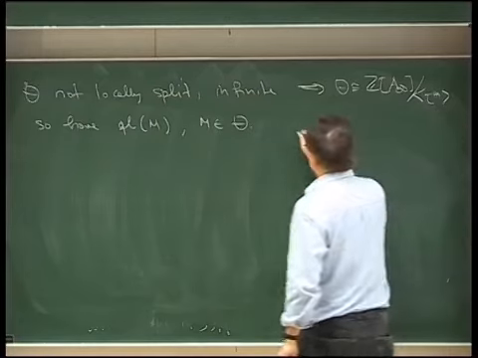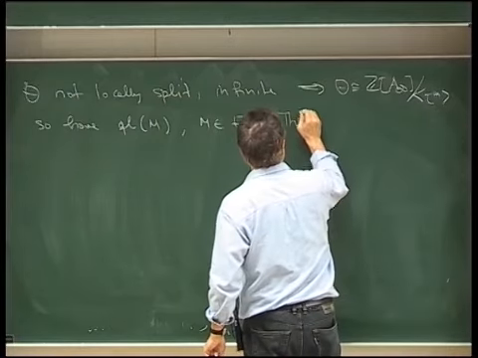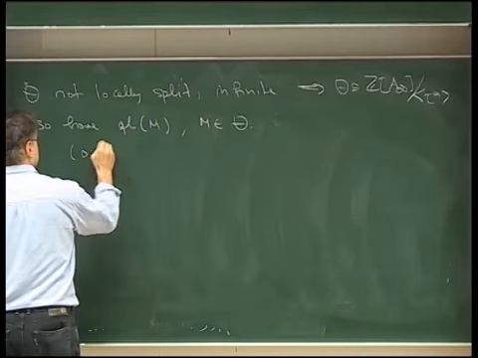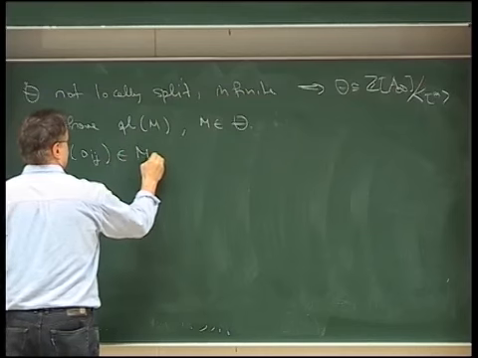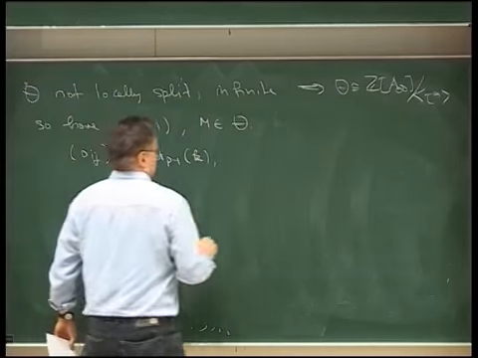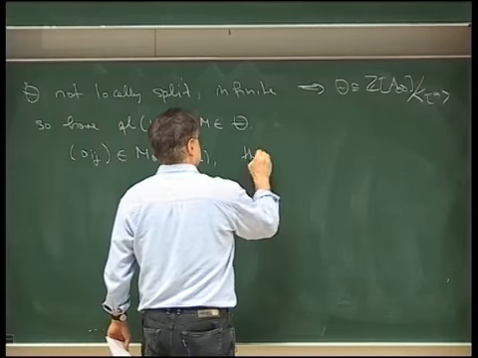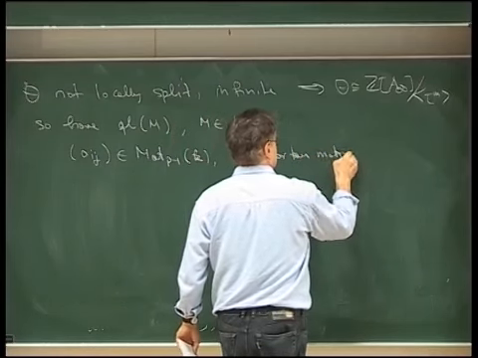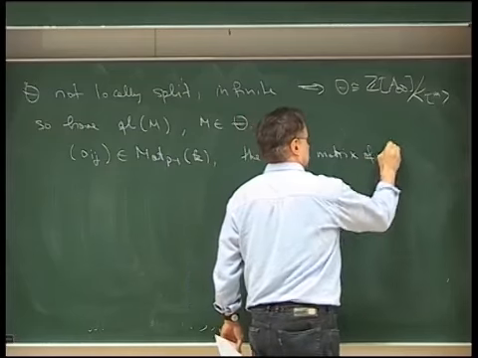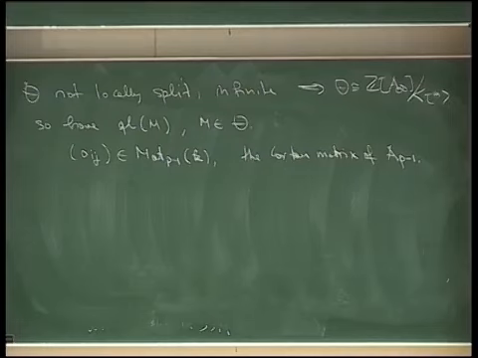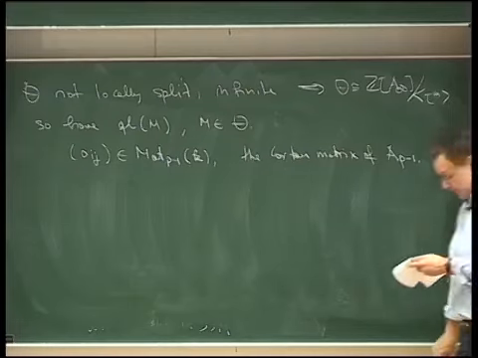In here the situation in certain cases is governed by the following. You have a certain matrix, and this is simply the Cartan matrix of A_{p-1} of the Dynkin diagram.